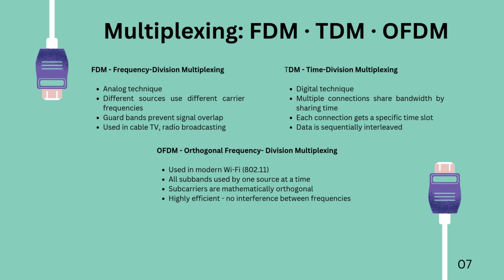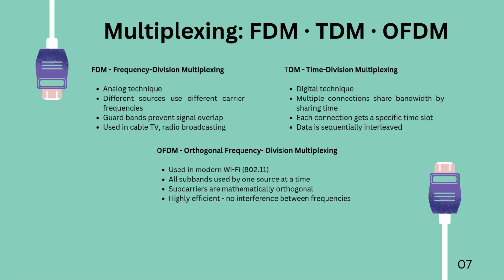Now, let's see how multiple signals share the same channel. This is done using multiplexing. In frequency division multiplexing, different signals use different frequencies. In time division multiplexing, signals share the same channel but take turns in time.